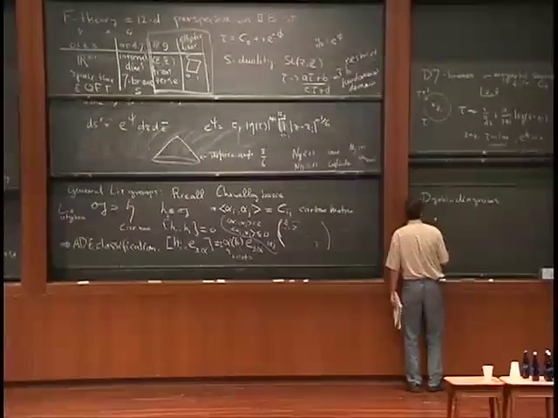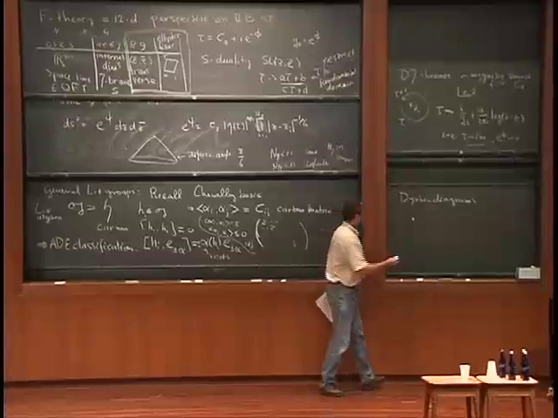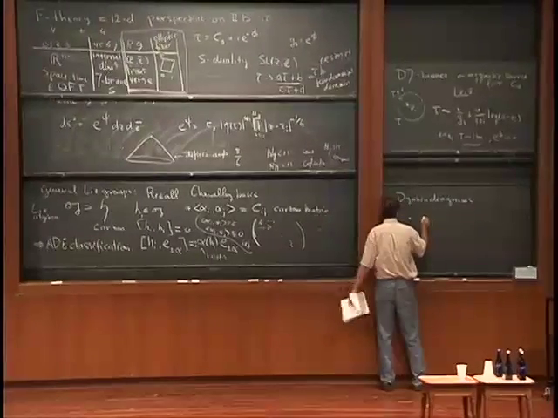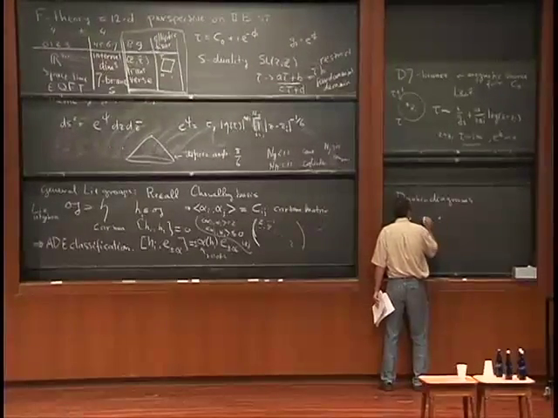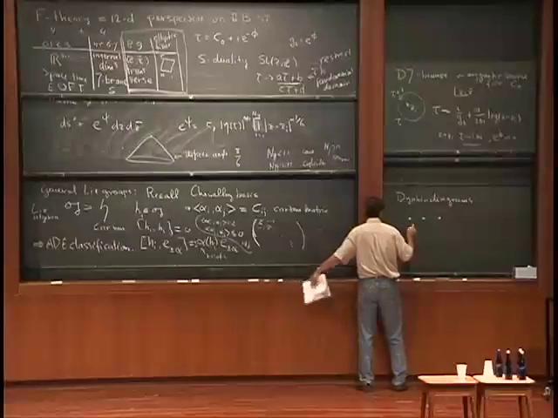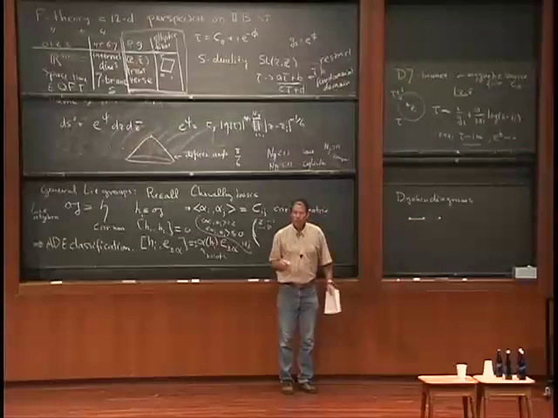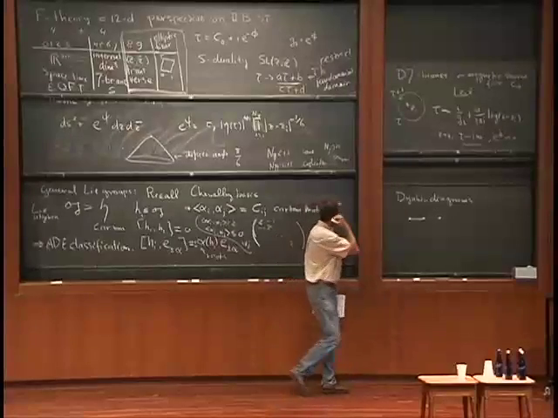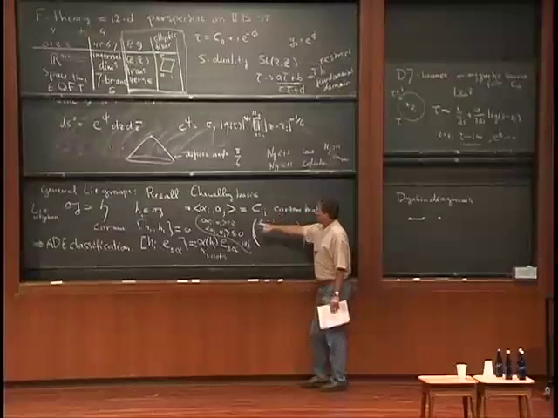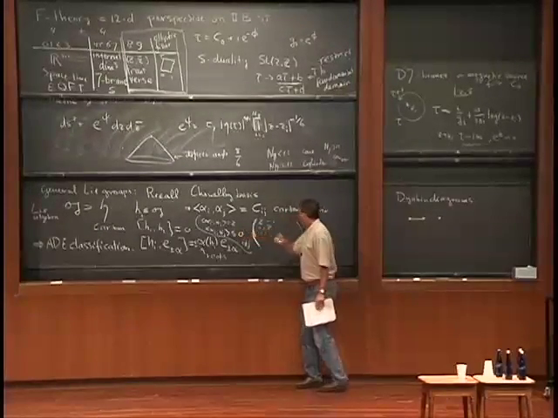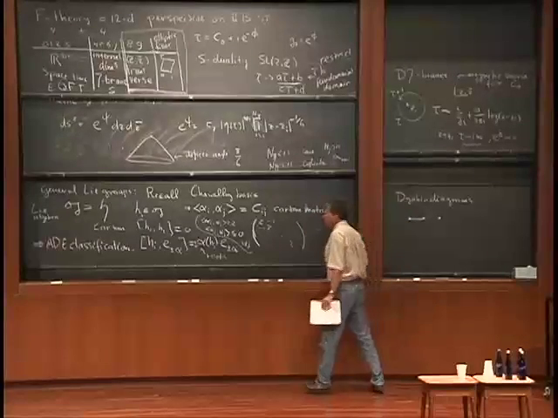For a Dynkin diagram, you write down dots for each of these roots, and then you draw a line between them in the case that two roots have a non-zero inner product. And if it's -1, then you draw a single line.